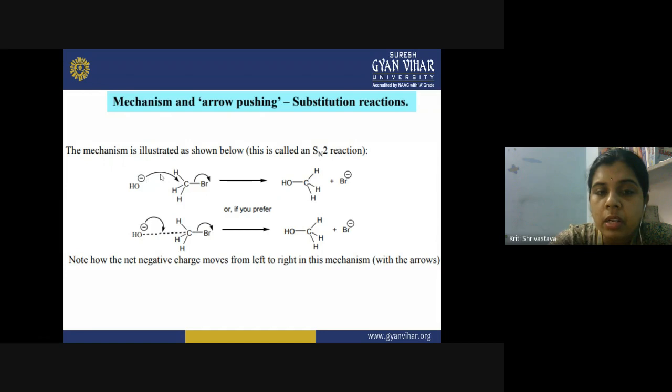So we will draw a curved arrow here like this. And what about the electrons of the carbon? The shared electron pair of carbon and bromine is shifted more towards the bromine right now. One factor is the electronegativity of the bromine, and another factor is the repulsion by the electron pair present on the hydroxide ion.